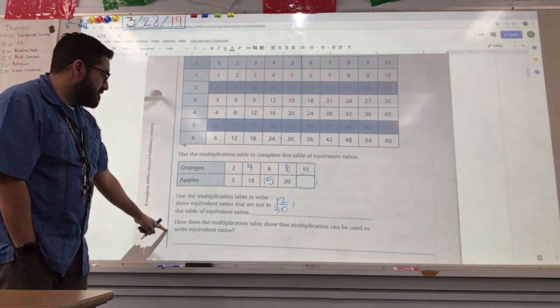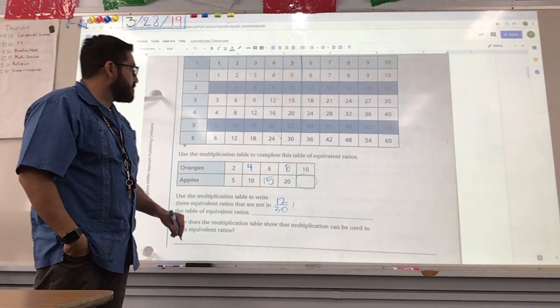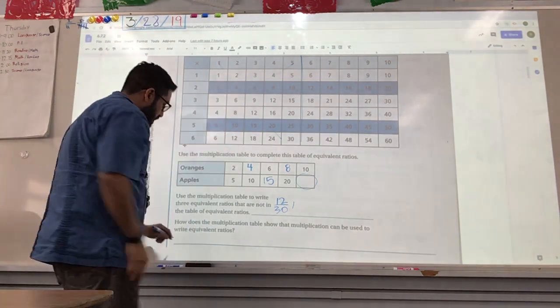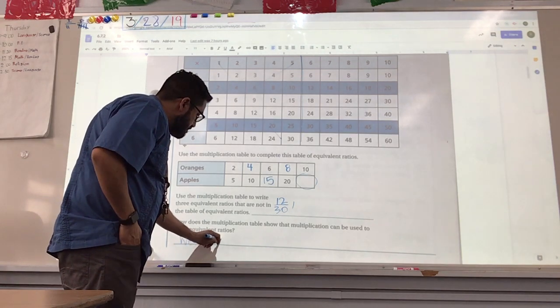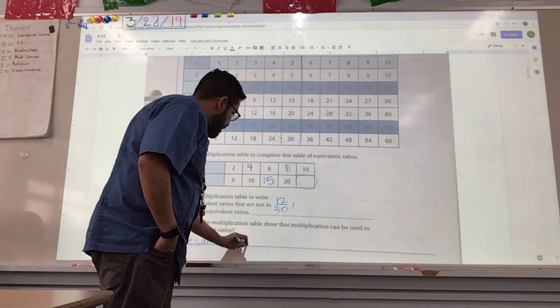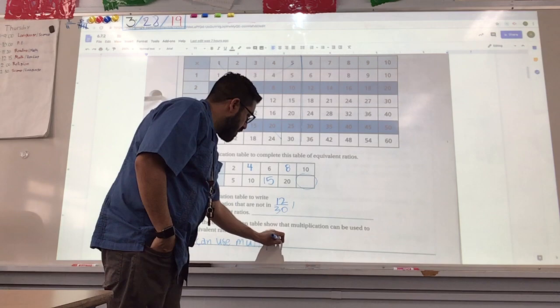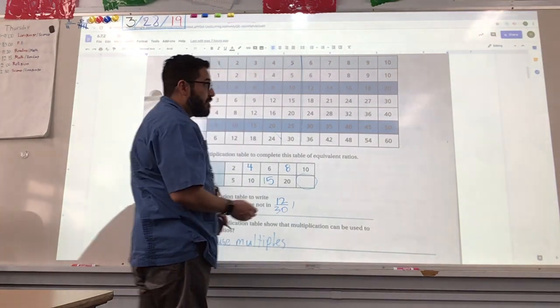How does the multiplication table show that multiplication can be used to write equivalent ratios? Because we can use multiples. That was a word that Juliana brought up yesterday.